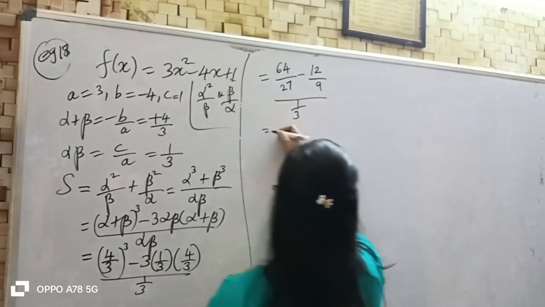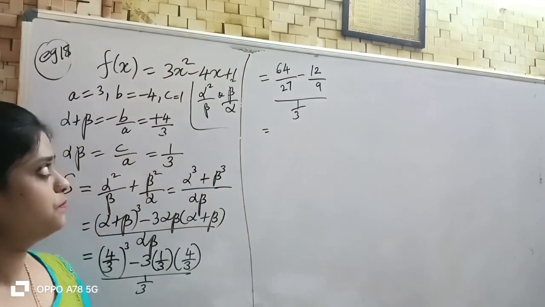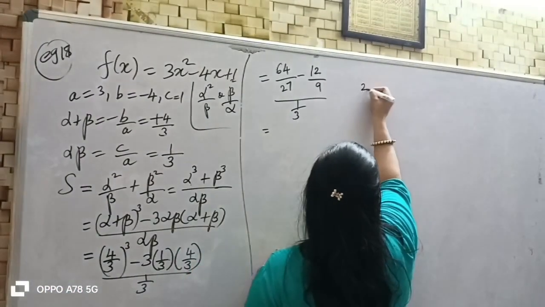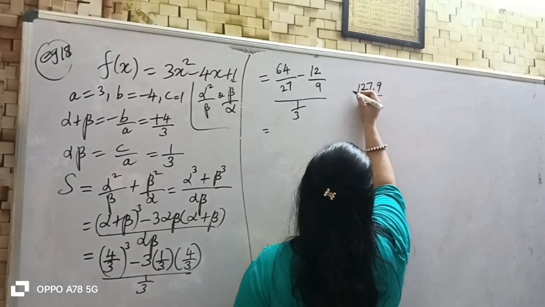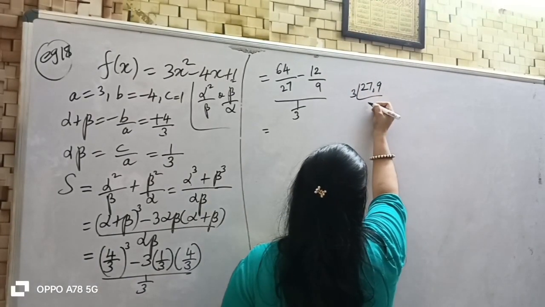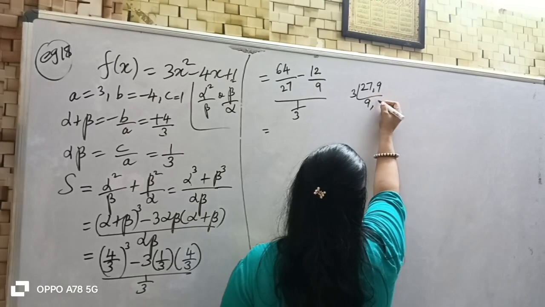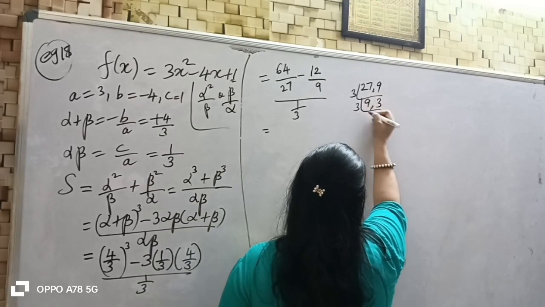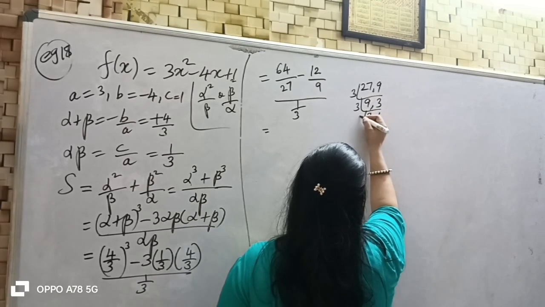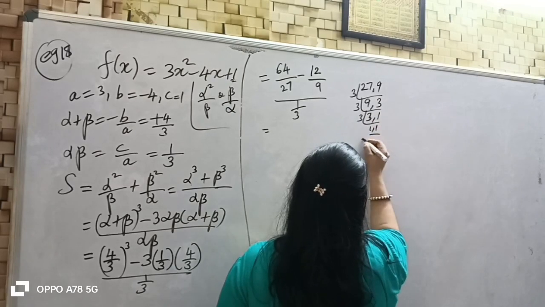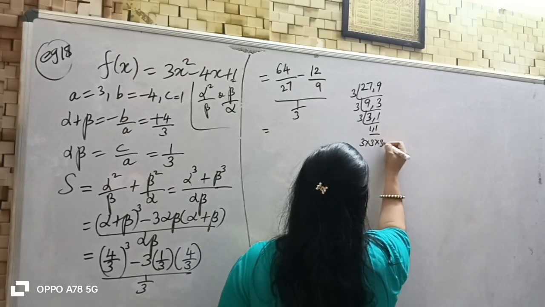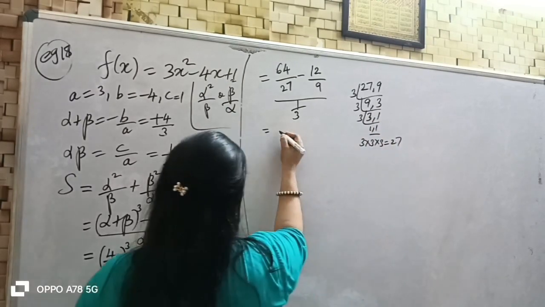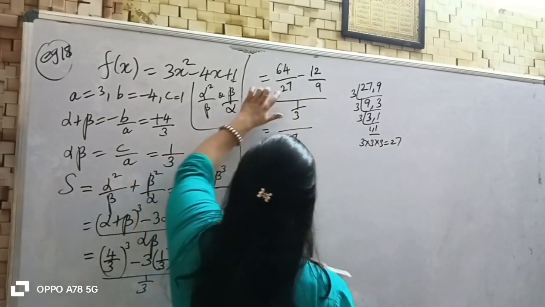So take the LCM of here 27 and 9. What is the LCM of 27 and 9? Third table போலாமா? 3. 3. What is the LCM? 27. So 27 is your LCM. So here 27.